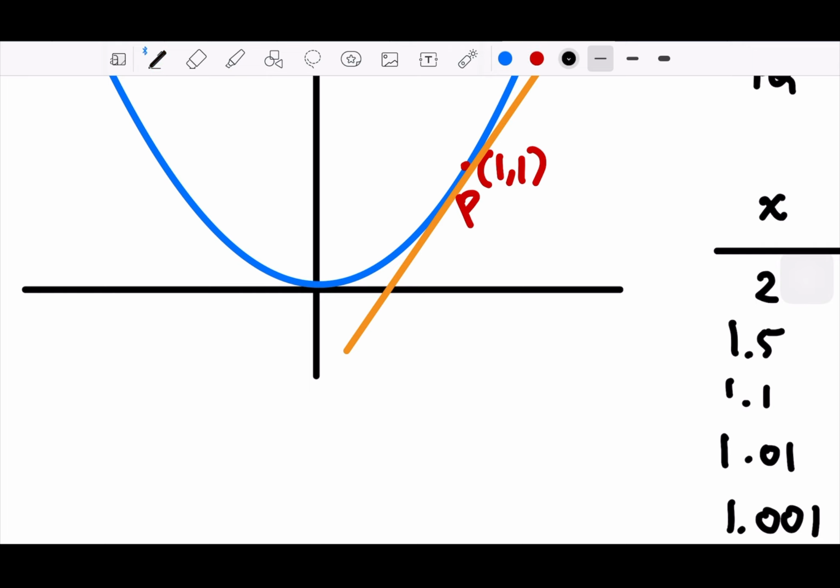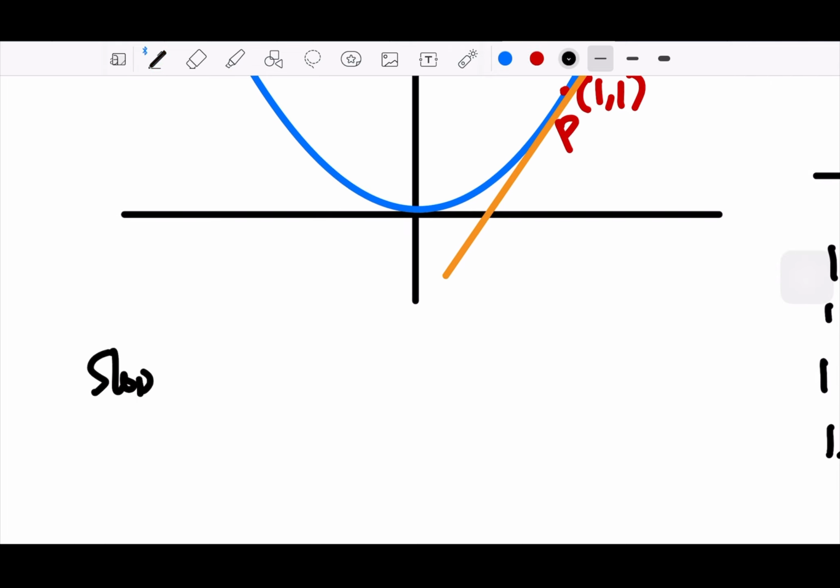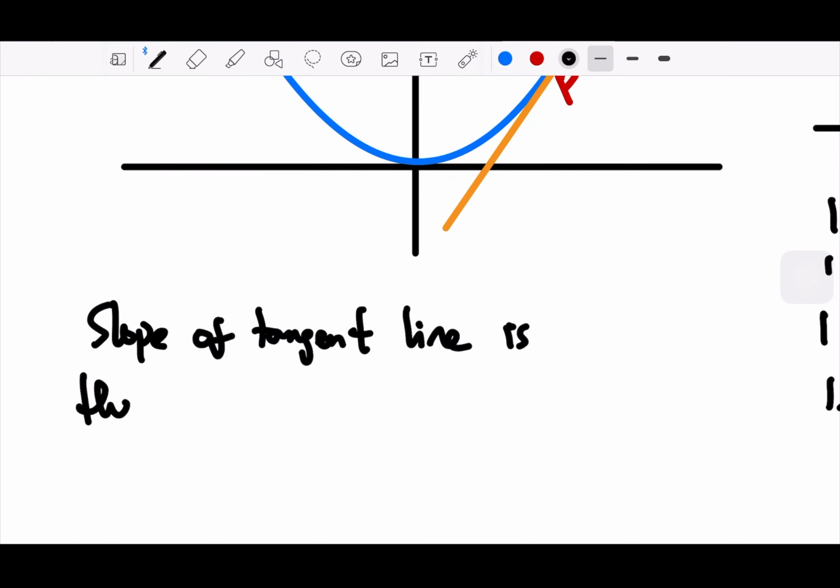Okay, so the slope of the tangent line is the limit of the slope of the secant line.